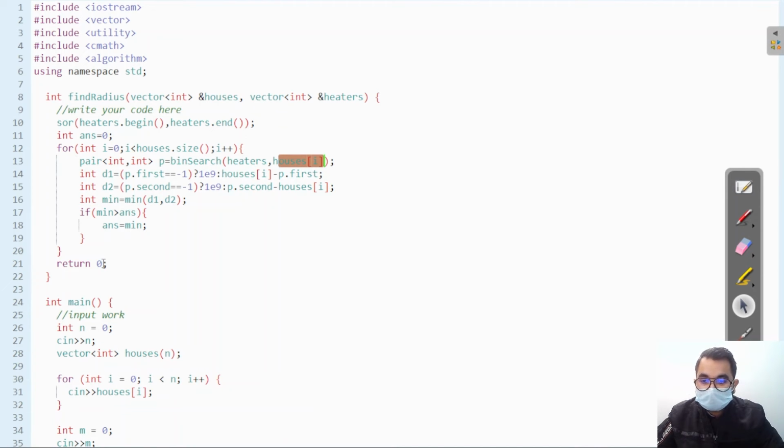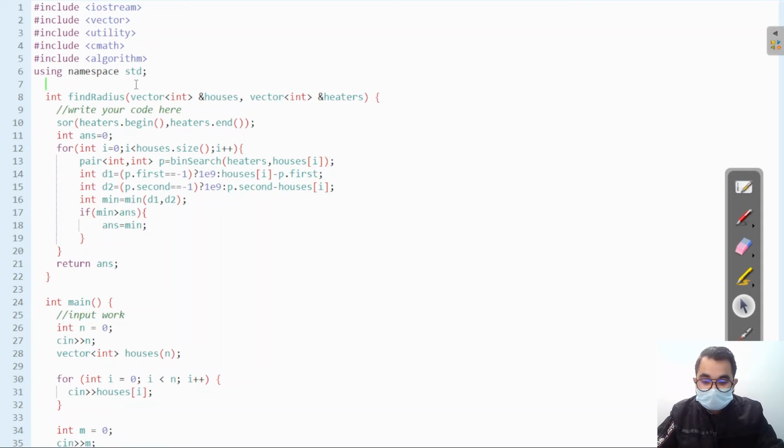Okay, so that's it. After this we are going to return the answer distance. So we are done. No, we are not done. We need to write the binary search algorithm. So let's write that also.